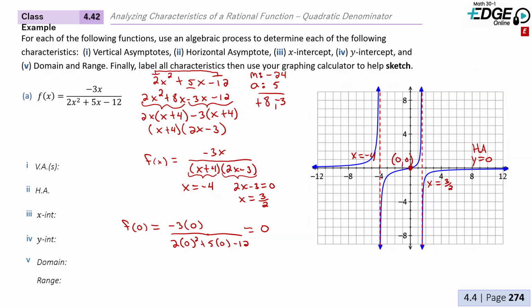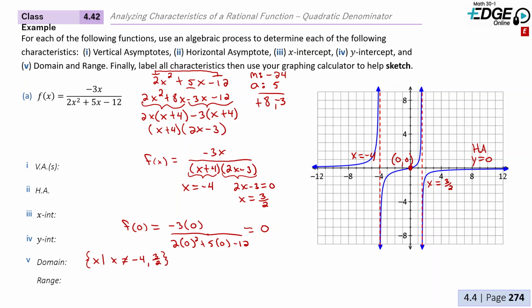Okay, the domain here. Well, again, the domain is going to be really determined by our vertical asymptotes. So we'll say x such that x cannot equal negative 4 or 3 over 2.